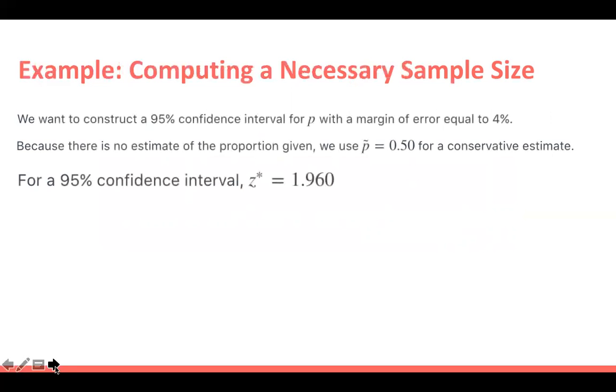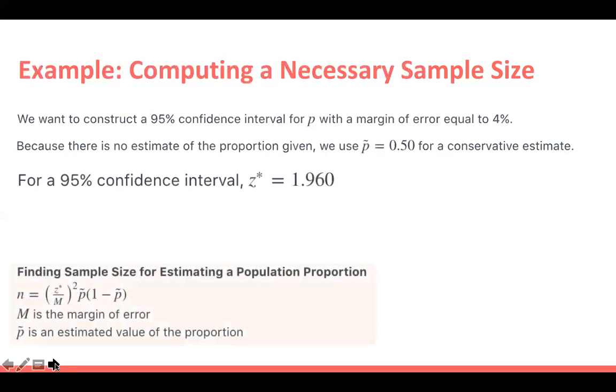So here we're not given an estimated proportion, so we're going to use an estimated proportion of 0.50 like I mentioned before, because it's just a conservative estimate of a proportion. So just a reminder that for 95% confidence interval, our z-star is equal to 1.96. And then we can just plug the rest of the values into the formula in order to find the minimum sample size to estimate a population proportion.